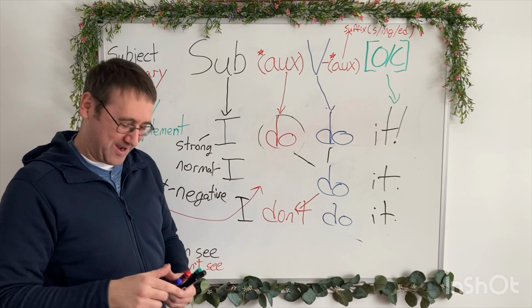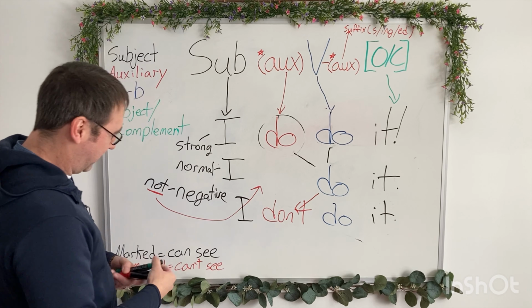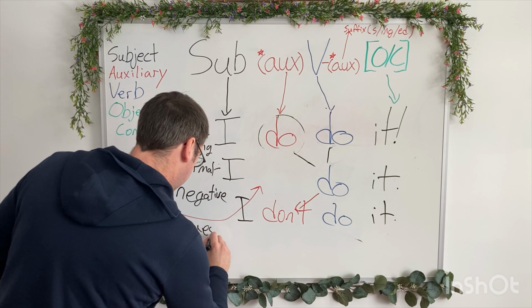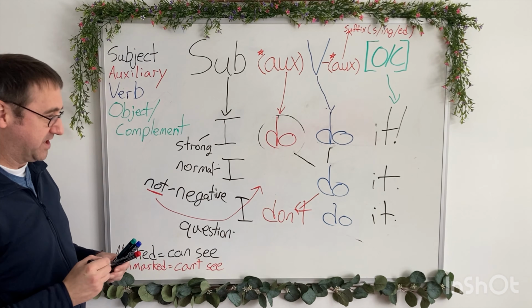But there's one more thing I want to show you, which is the question. That's the last thing. Well, not the last thing, but see, look, you get to learn how bad my spelling is, even as an English teacher, right? So the last one, or not the last one, but sort of they go together, is to make the question.